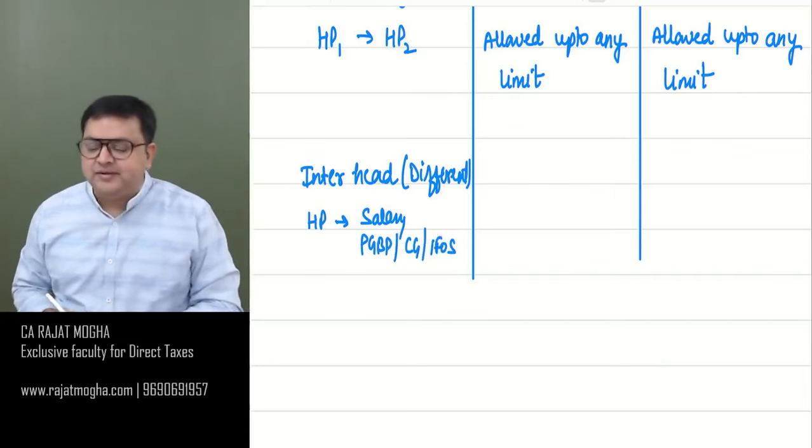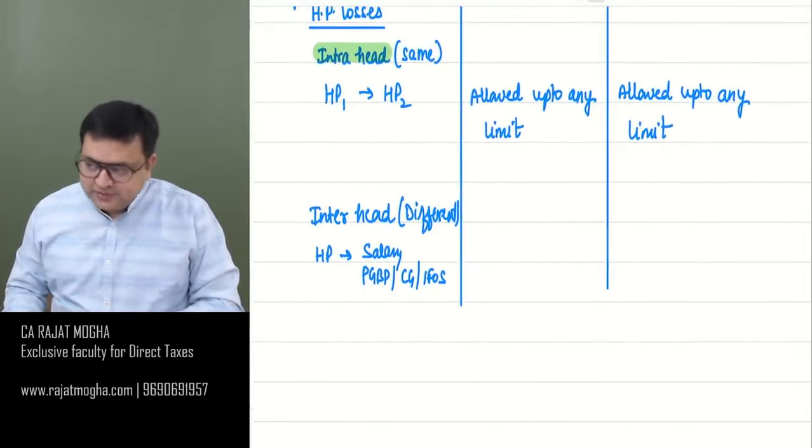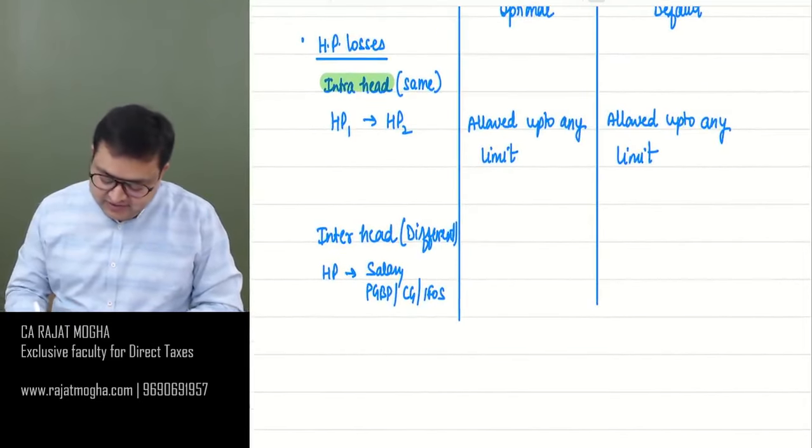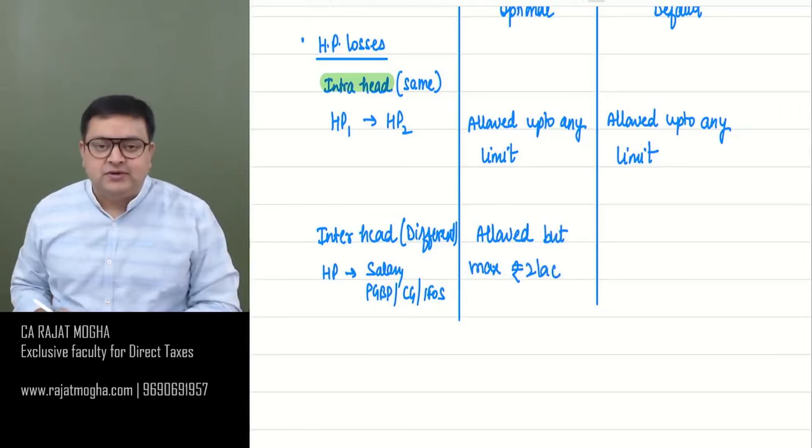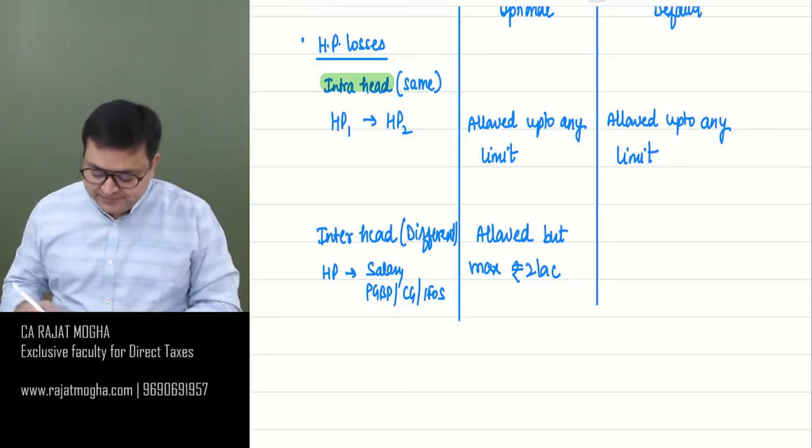That is different head. In optional regime, it is allowed, but maximum rupees 2 lakh.